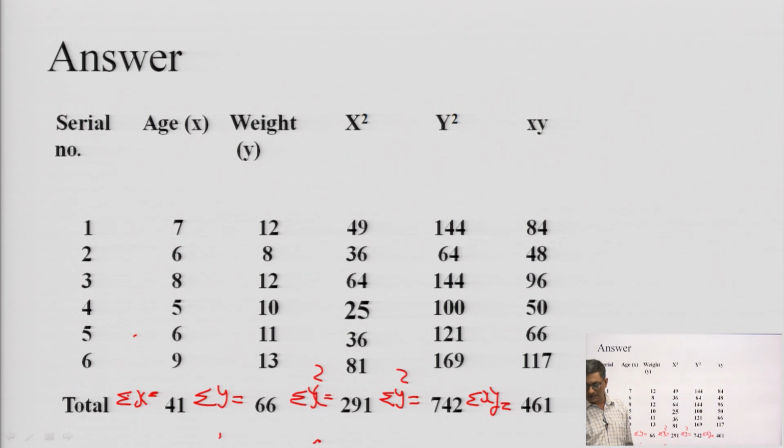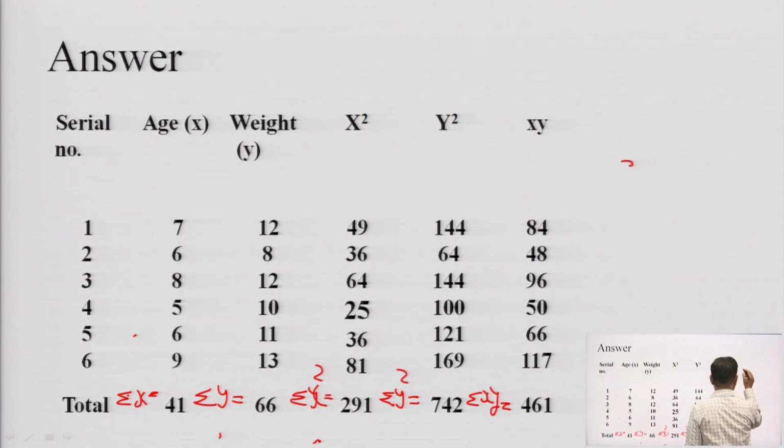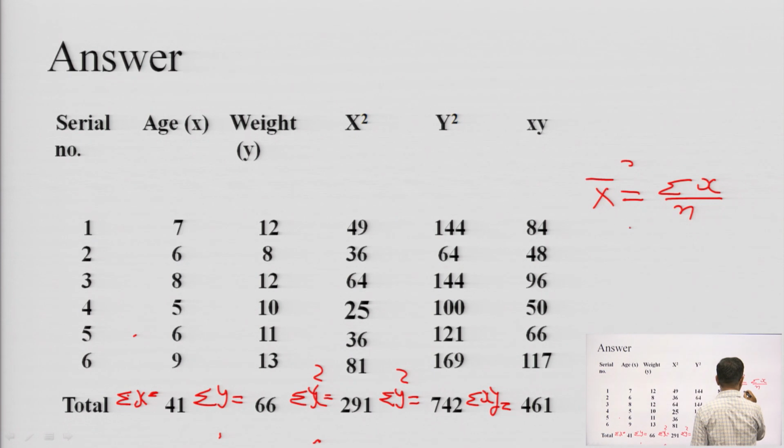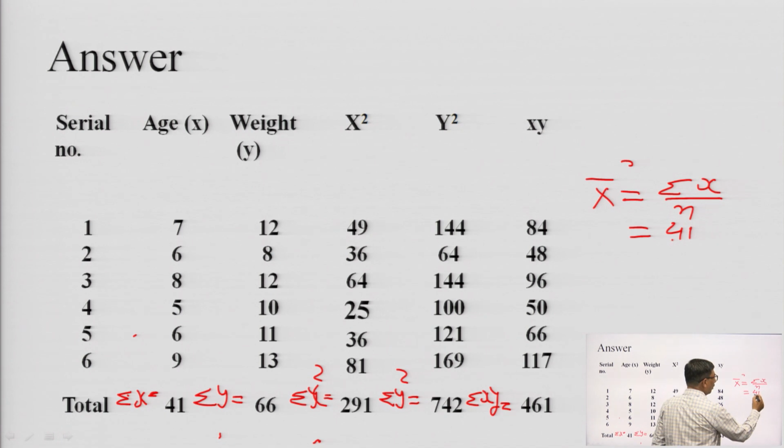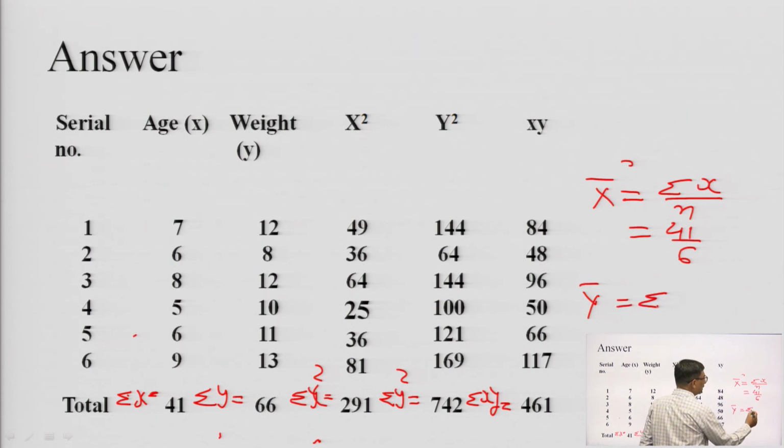Now, we first calculate the mean. Mean x bar equals summation x upon n. Summation x is 41 upon 6. Similarly, we find y bar, summation y upon n, n is 6, summation y is 66 upon 6.